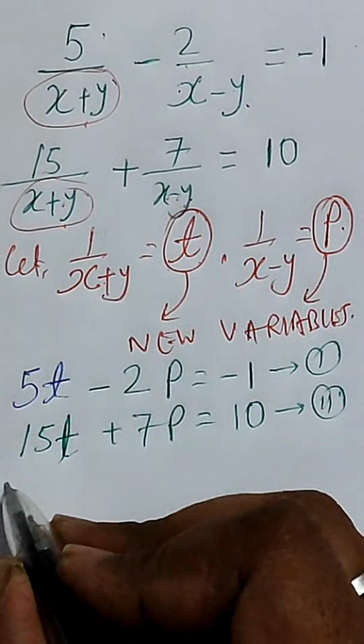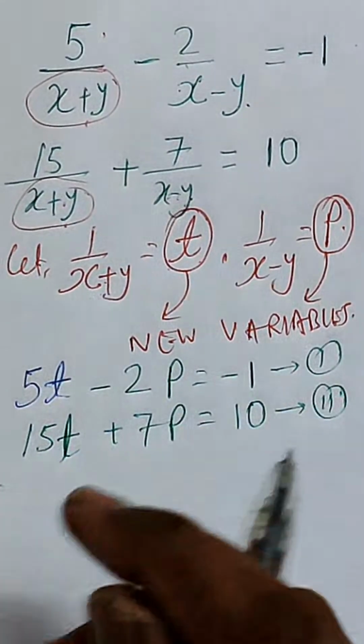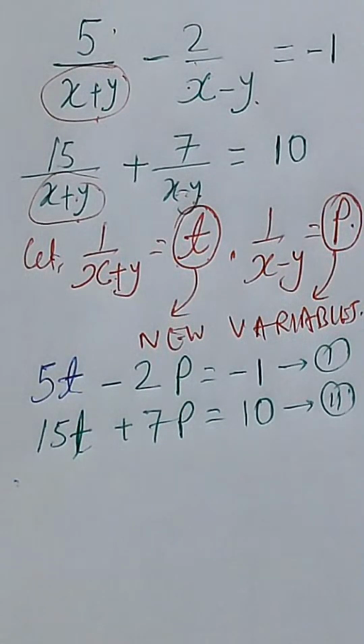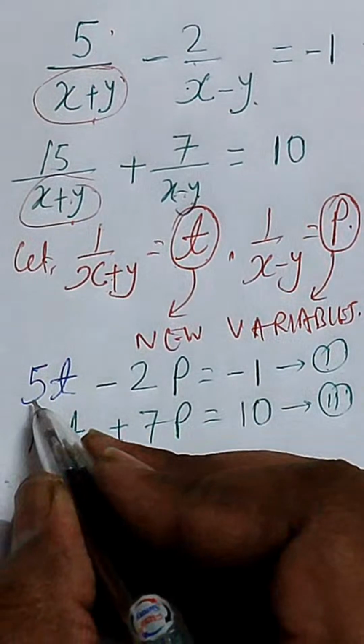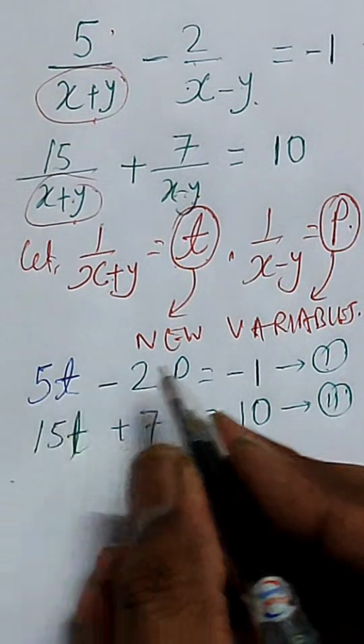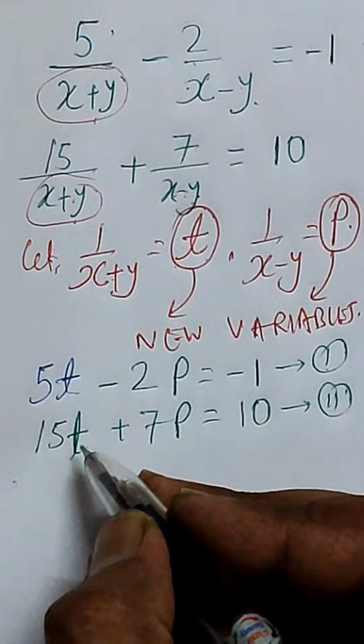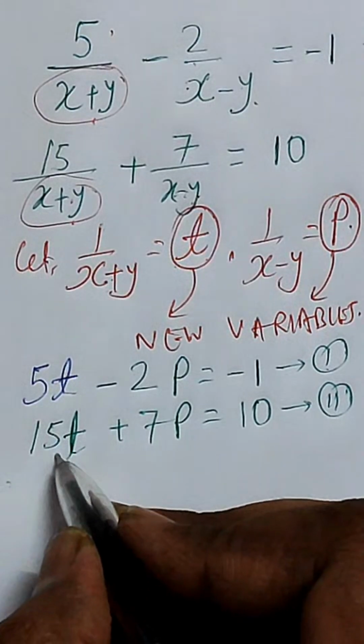To solve it, we will follow the elimination method. Okay, so multiplying equation 1 by 3, you can see 5 into 3 will be 15, and this 15 will be cancelled out with the second equation, right?